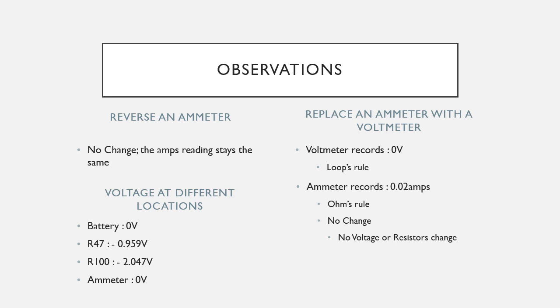However, it is going to be negative 0.959 volts and negative 2.047 volts at these two resistors, and that's because when you look at Loop's rule, the V total, so when you add these two resistors up, it's going to have to cancel out with the amount of voltage at the beginning, which was 3, and so when you add these together, it's going to be a negative 3 plus a 3, which is going to equal 0.